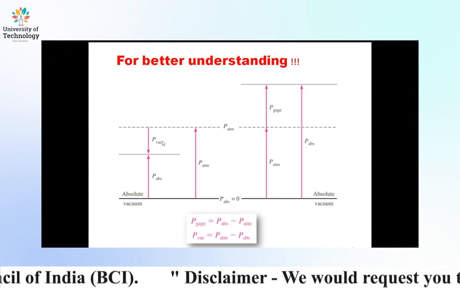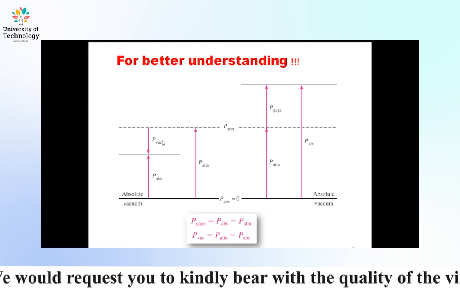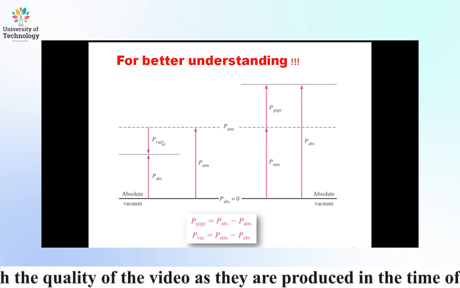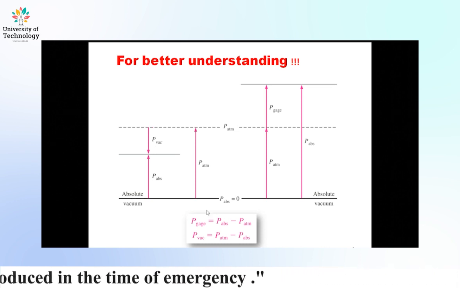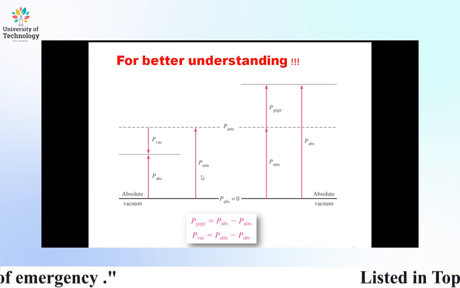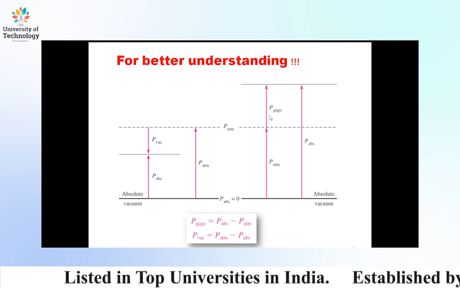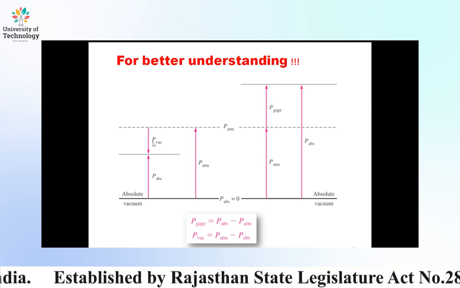So vacuum pressure is equal to P atmospheric minus P absolute. The P vacuum is equal to P atmospheric minus P absolute, that is the negative of the gauge pressure. Always remember, gauge pressure above atmospheric pressure reads a positive value. Vacuum pressure is below atmospheric pressure, it reads a negative value.